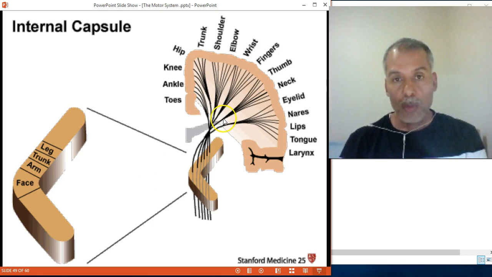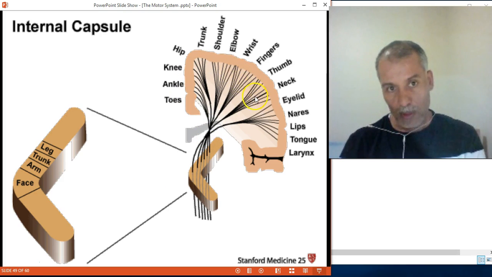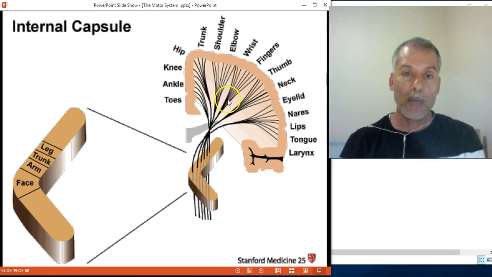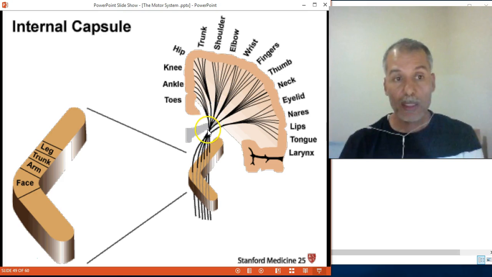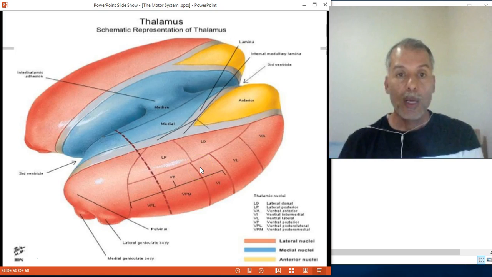Let's see. So here, all these neuron axons are coming down, making a pathway going down like the pyramidal tract, and then they go through this area called the internal capsule.